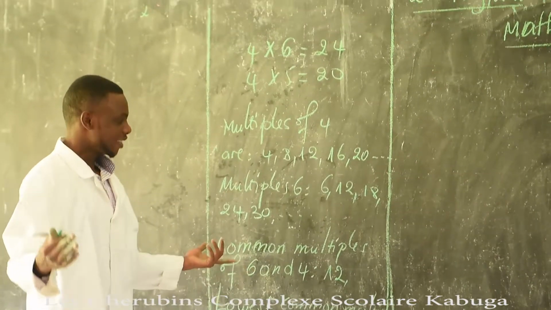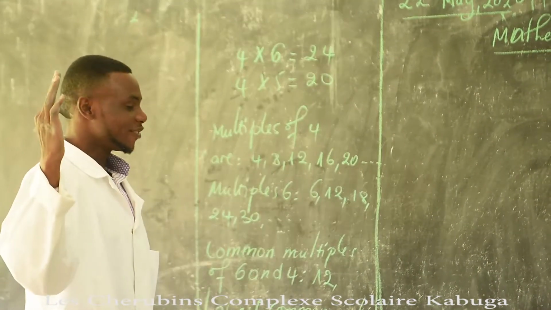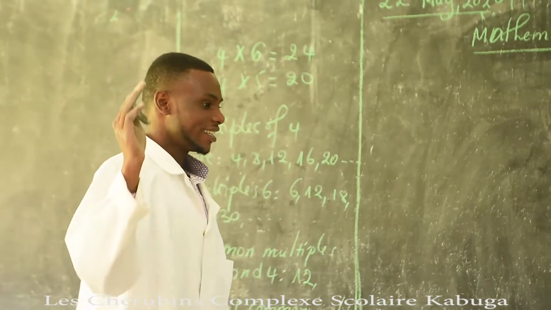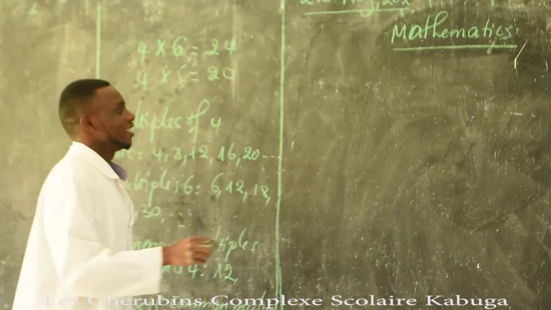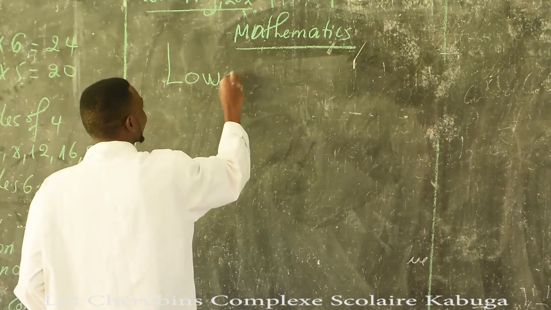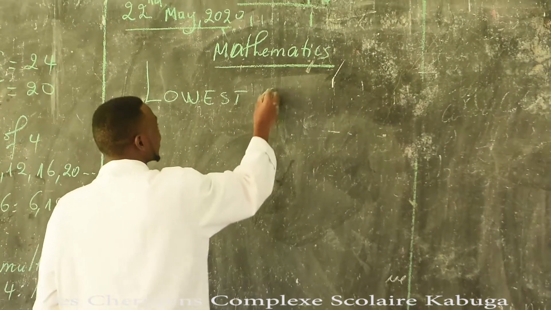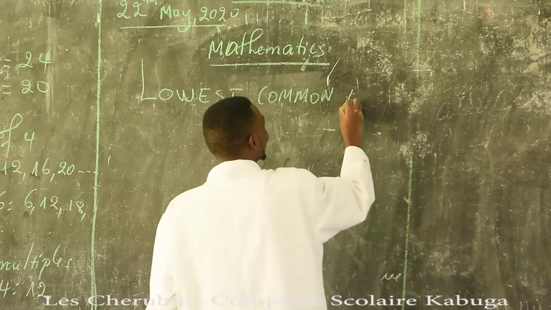And then I would like to ask you, what are you going to study? Yes, you have actually thought like how I think we are going now to learn lowest common multiples.